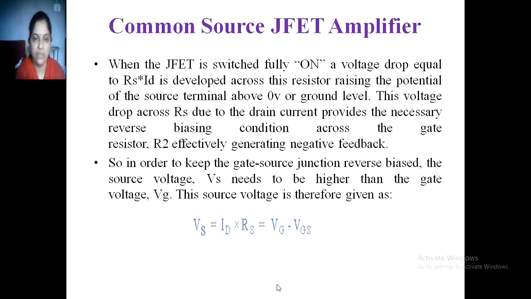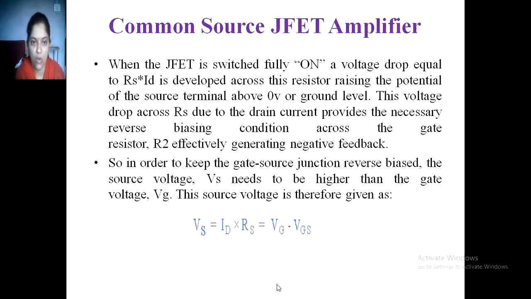When the JFET is switched fully on, meaning previously it was off, a voltage drop equal to Rs times Id is developed across this resistor, raising the potential of the source terminal above 0 volts or ground level.